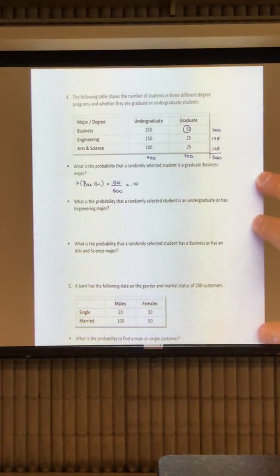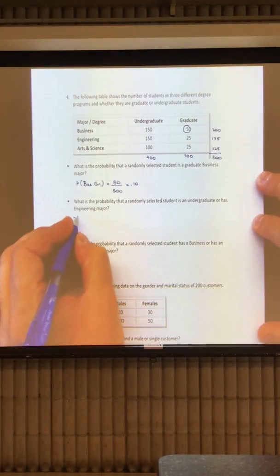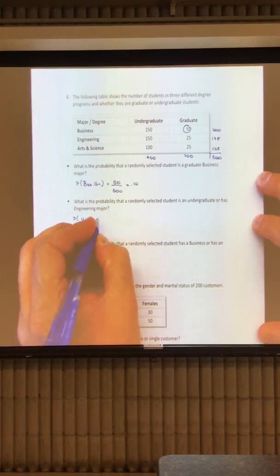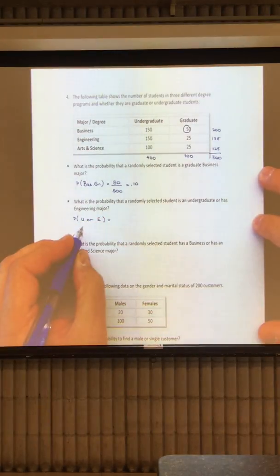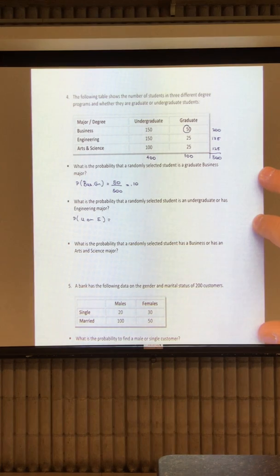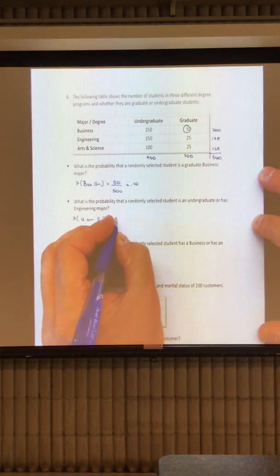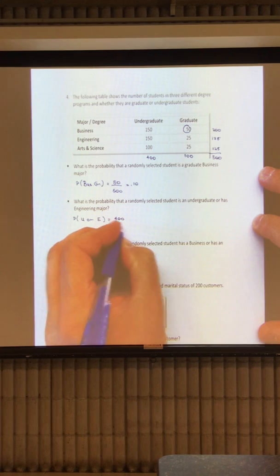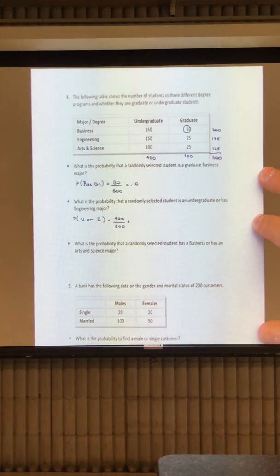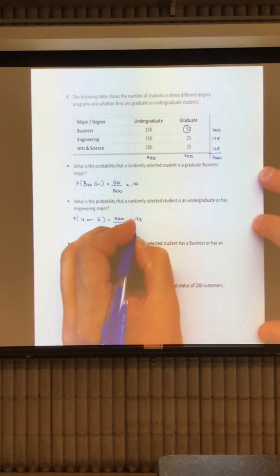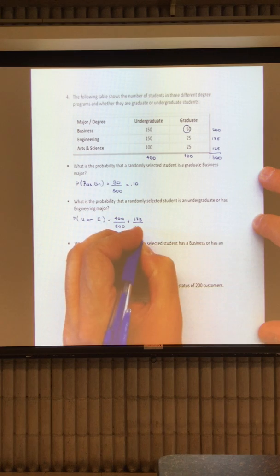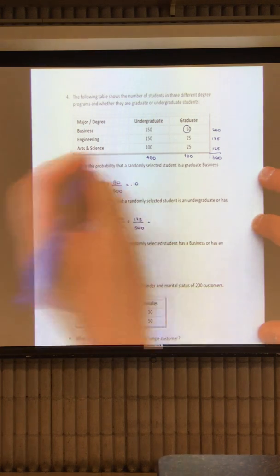What is the probability to have an undergrad or engineering? We have to check the probability to have an undergrad student. So undergrad is 400 over 500, plus the probability to have an engineering, 175 over 500, minus the point of intersection.